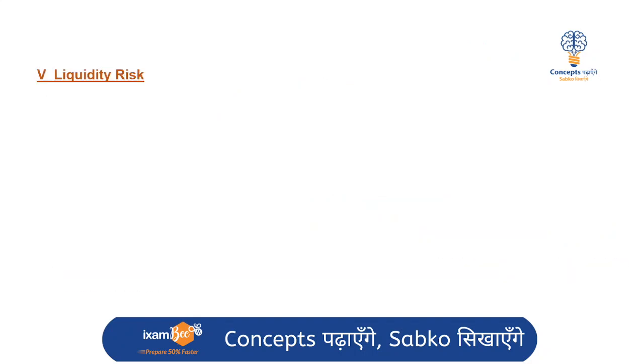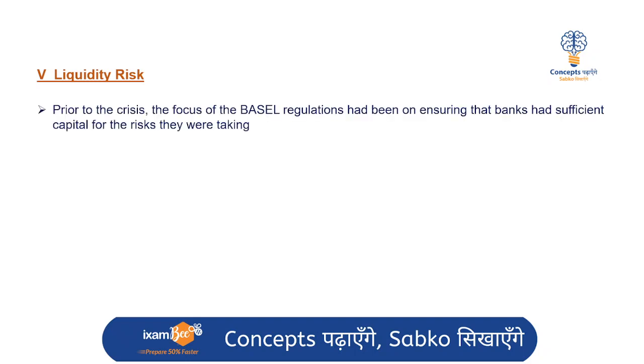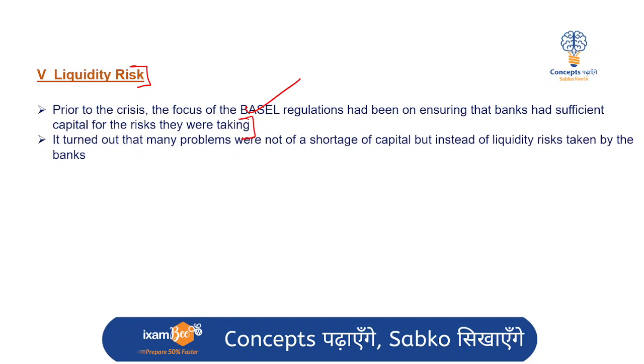So this is it. And then liquidity risk. This was mainly a risk because the banks at that time, during the global financial crisis, had enough capital in place, but did not have enough buffer to meet their short term requirements, because all their investments were tied up in the long term. So that's why there was a mismatch. In order to address that liquidity risk, certain other ratios were introduced, right?